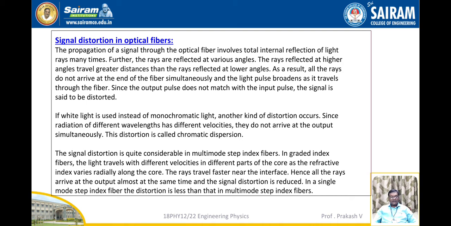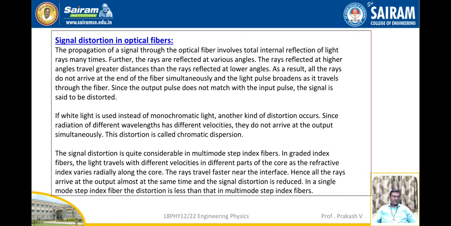The rays reflected at higher angles travel greater distances than the rays reflected at lower angles. As a result, all the rays do not arrive at the end of the optical fiber simultaneously, and the light pulse broadens as it travels through the fiber. Since the output pulse does not match the input pulse, the signal is said to be distorted.